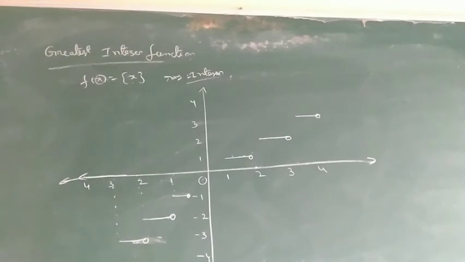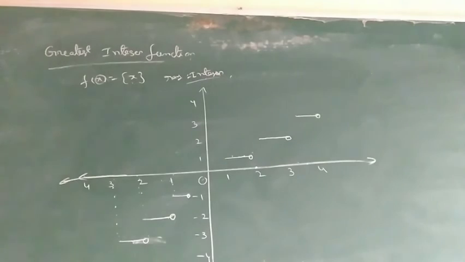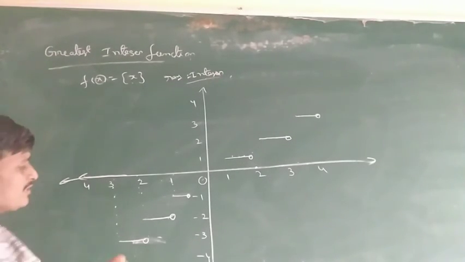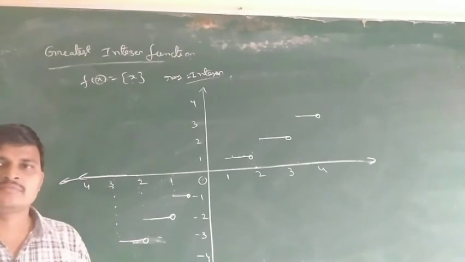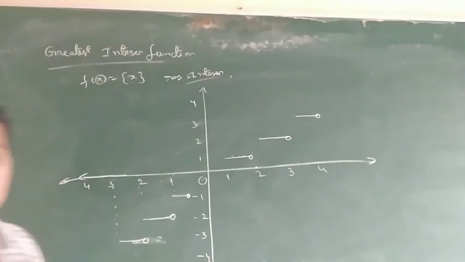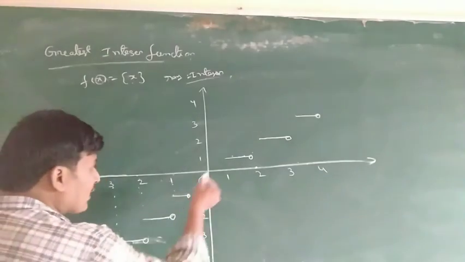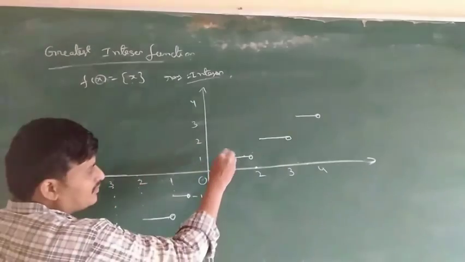This is very simple: signum function, greatest integer function. But the maximum of students will make a mistake. What is our mistake? From 0 to 1, the line starts from 0.